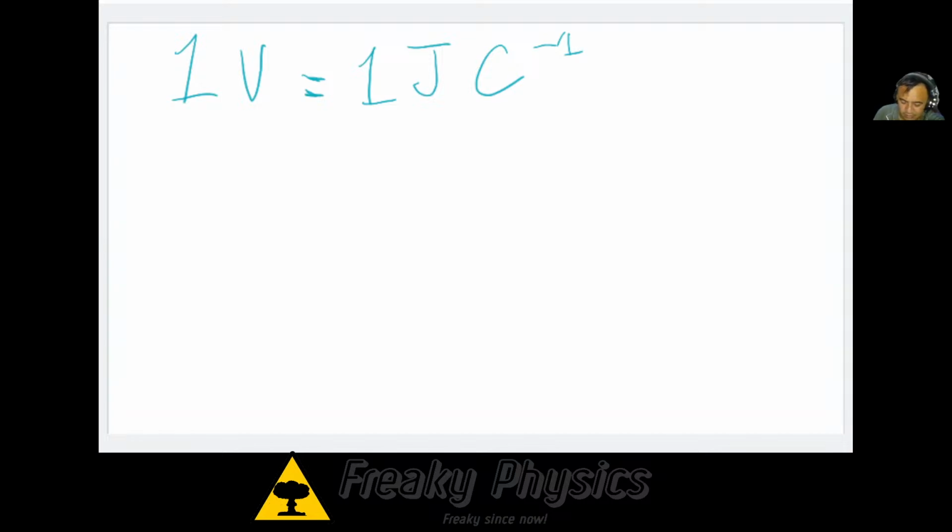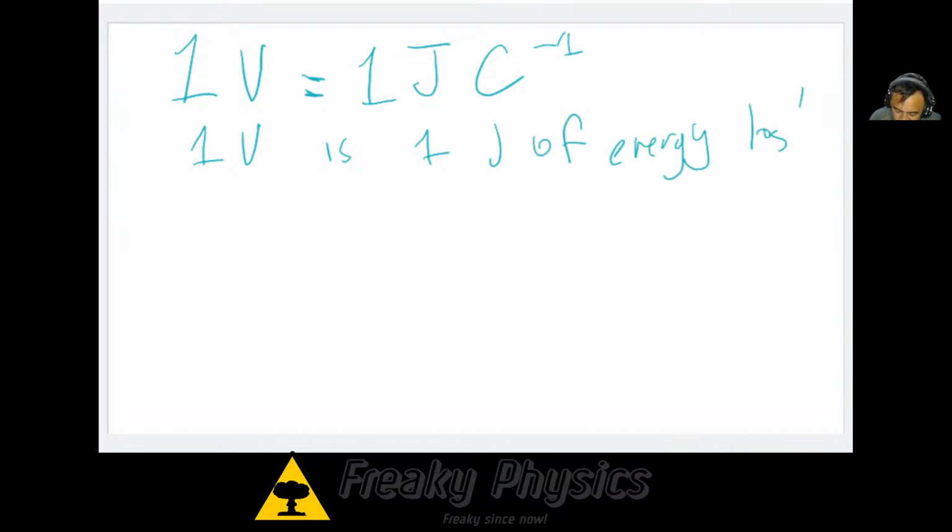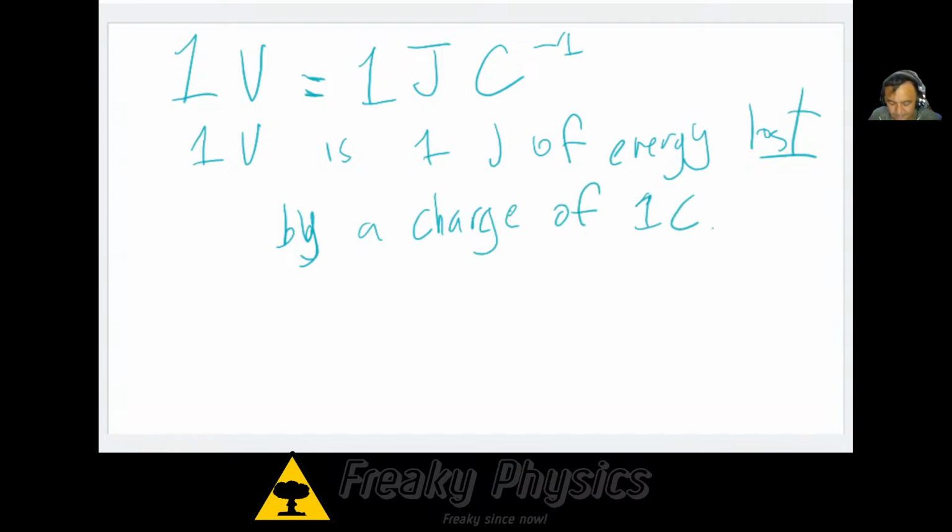So this basically means 1 volt is 1 joule of energy lost by a charge of 1 coulomb.